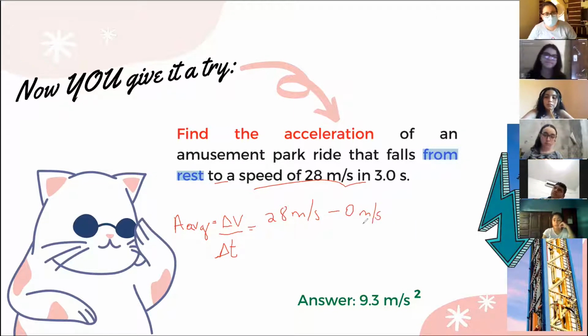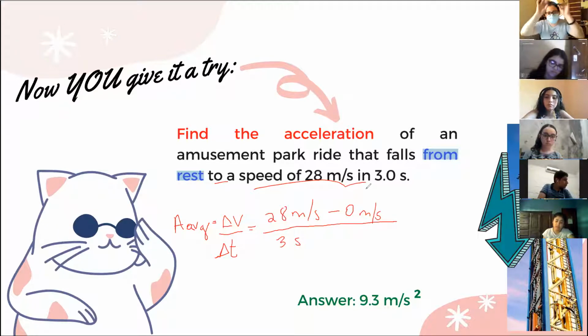Even though the answer is not going to change, it means something. Sometimes it's going to be incorrect, so you better apply the formula the way it is. Delta T, or change in time, the final time is 3 seconds, and it's coming from rest, so you assume the initial time is 0 seconds.